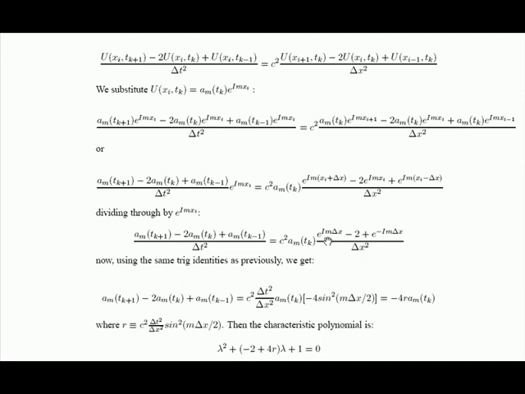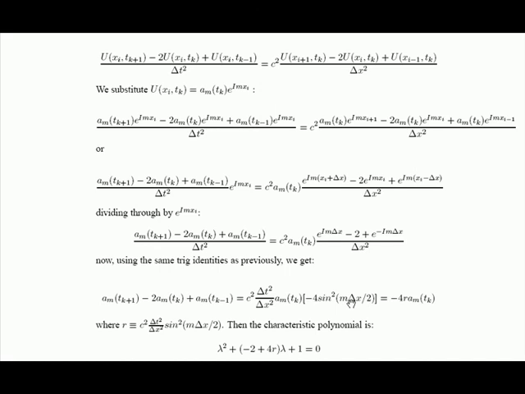Right-hand side, the usual, the xi disappears here, and you get e to the I m delta x minus 2 plus e to the minus I m delta x, the usual approximation. And as we saw in chapter 2, we can replace this by using some trig identities, Euler's formula plus a half-angle formula. And this numerator here is simply minus 4 sine squared of m delta x over 2.